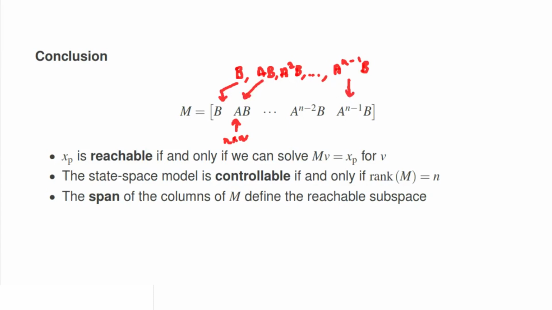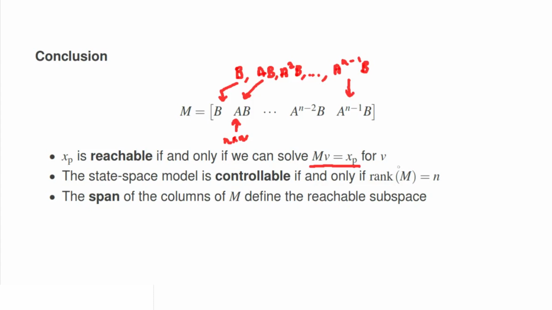We could use this matrix to test whether a point in the state space was reachable by seeing if we could solve the system of equations Mv equals xp for the unknown v. Provided this was possible, the point xp was reachable.